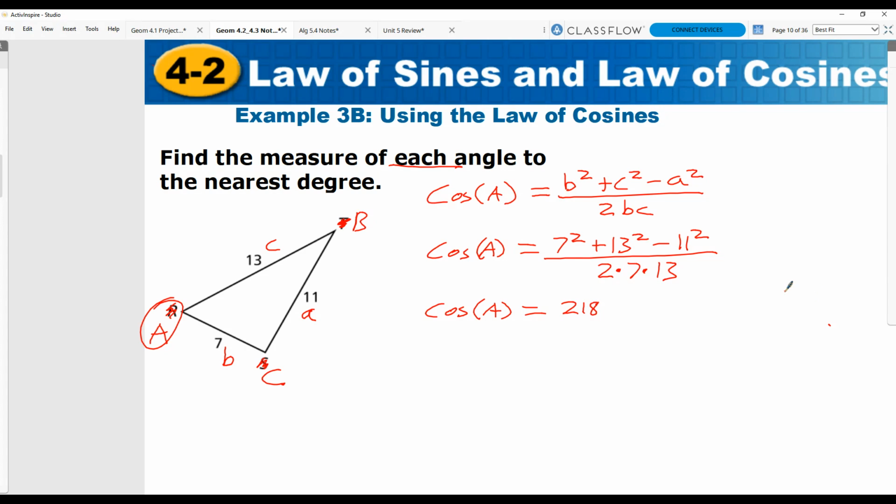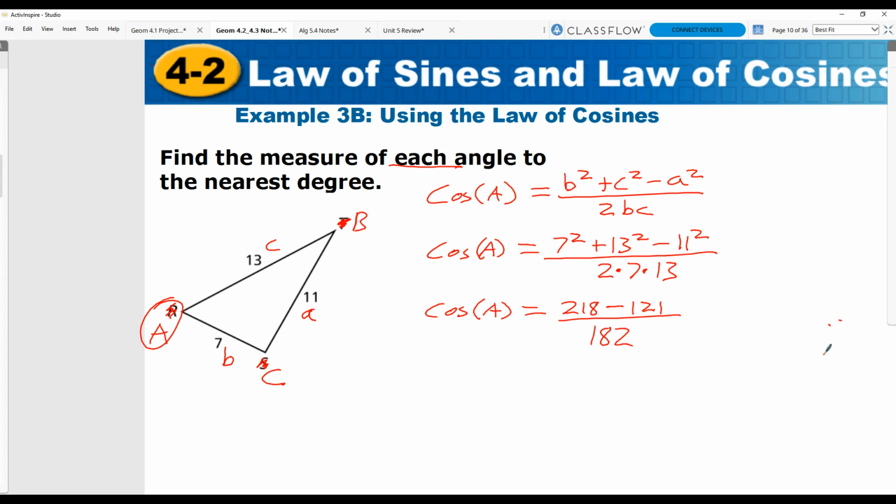All right, and then minus 121 for 11 squared, all over top of 2 times 7 times 13, which is going to get us 182. All right, just like that there. Okay, now we're just going to continue calculating this some more a little bit, one step at a time.